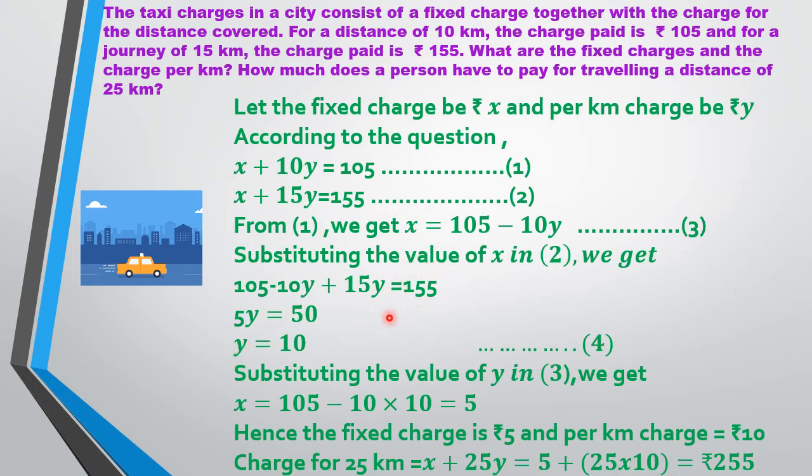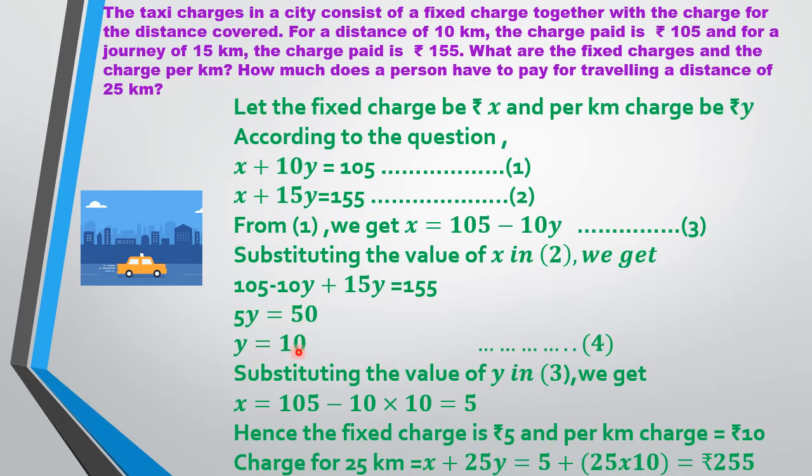Now we will group the variables. So minus 10y plus 15y is 5y. Simultaneously we will even group the numbers in RHS. So 155 minus 105. Why minus 105? This will get transposed to RHS, so plus will become minus. And subsequently we get the value 5y is equal to 50.